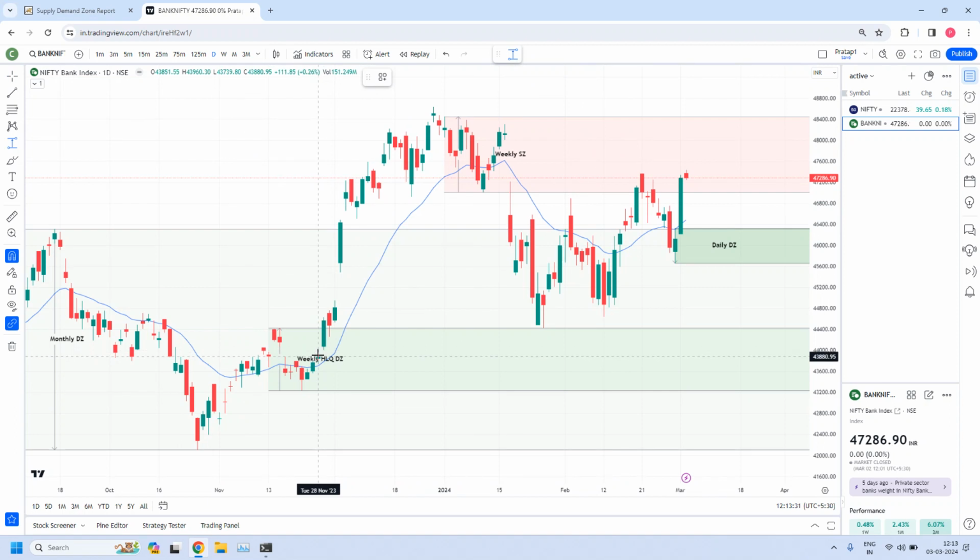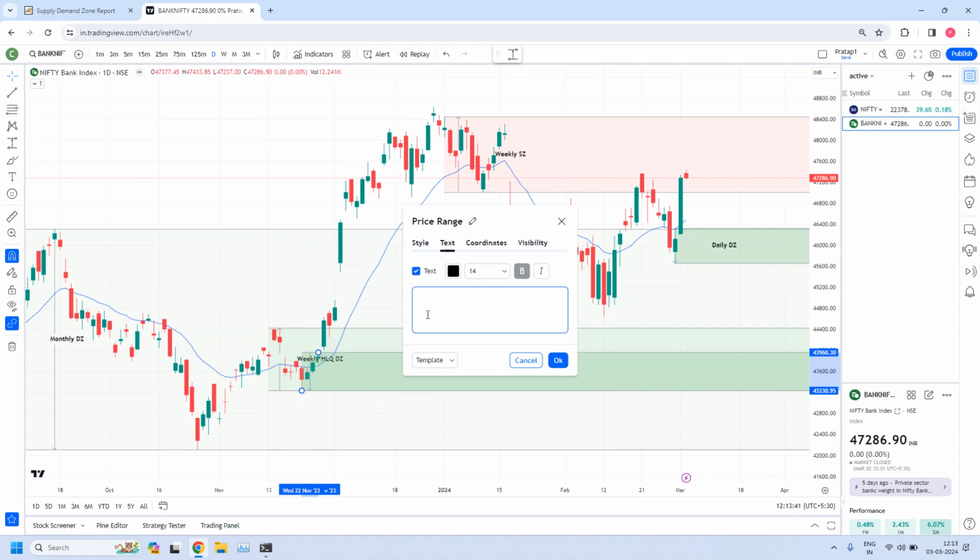See, it's powerful. And moreover, there is a pro gap from here. So daily HLQ demand zone.